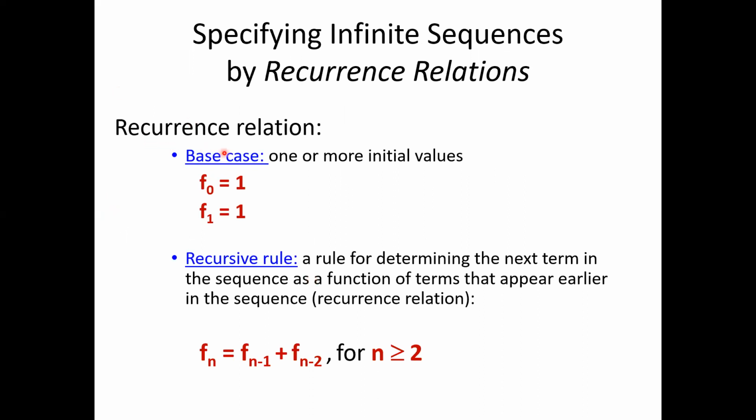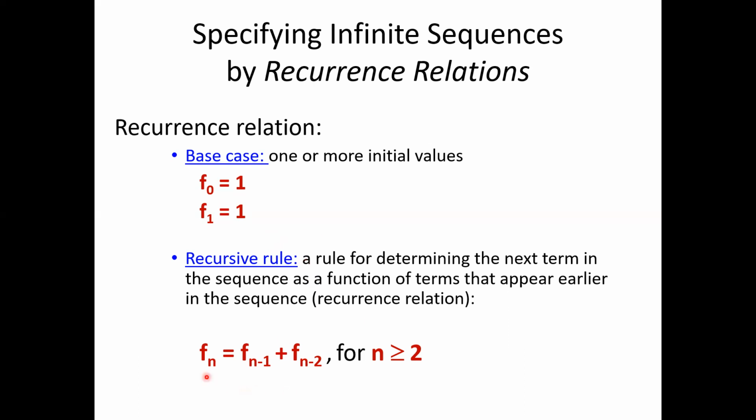So a recurrence relation contains two things. First of all, you define some initial values of a sequence by just saying what they are, okay? And separately, you have a so-called recursive rule. After some threshold, in this case 2, you don't list the values of the sequence by hand.